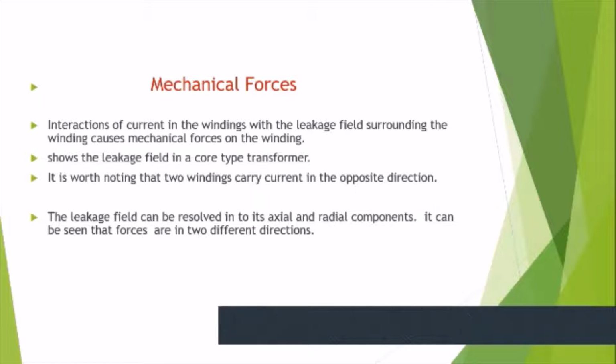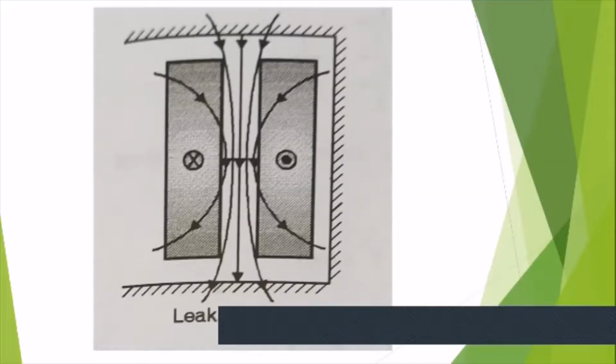It shows the leakage field in the core type of transformer. It is worth noting that windings carry current in the opposite direction. The leakage field can be resolved into its axial and radial components. It can be seen that forces are in two different directions.